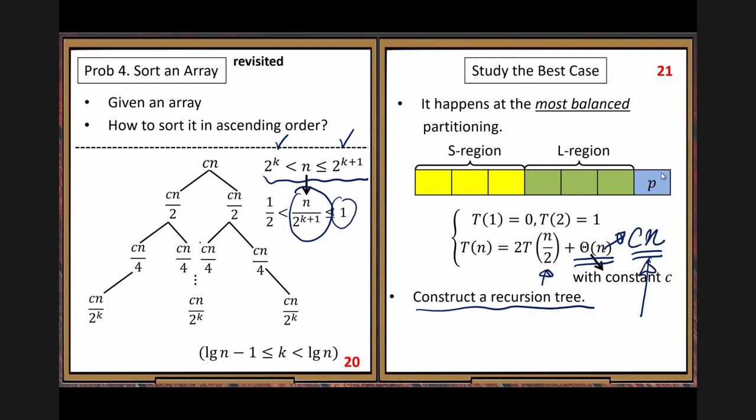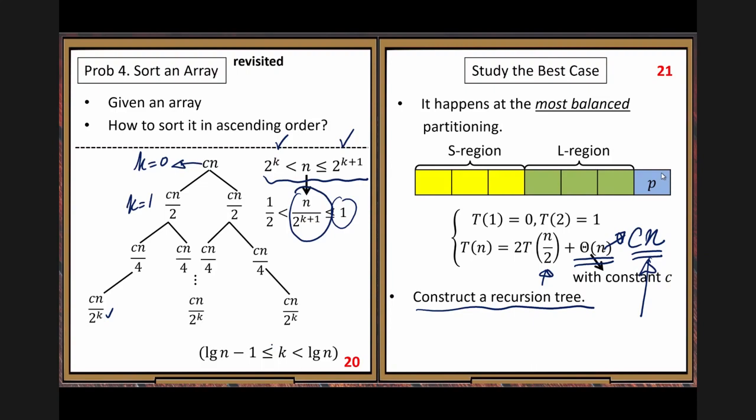So then it's important to estimate the number of levels. The top corresponds to k equals 0, the next one k equals 1, and the last one k. You count from 0 through k, so actually it is k plus 1.